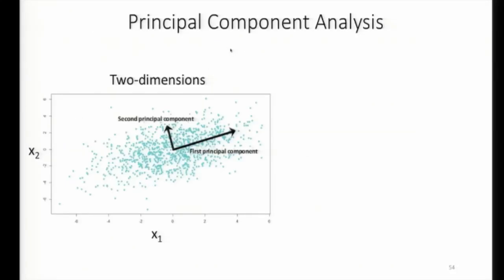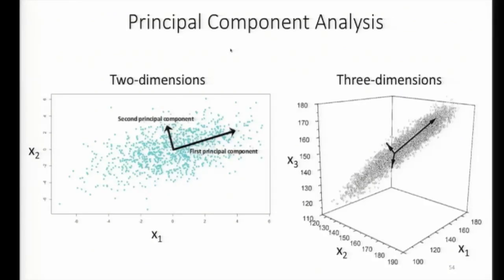So you have some descriptors, x1 and x2, and in principal component analysis, you find a new basis that explains most of the variance in your data. So the first principal component is along here, because most of the variance is happening along this axis, and the perpendicular axis is going to explain the next amount of variance.